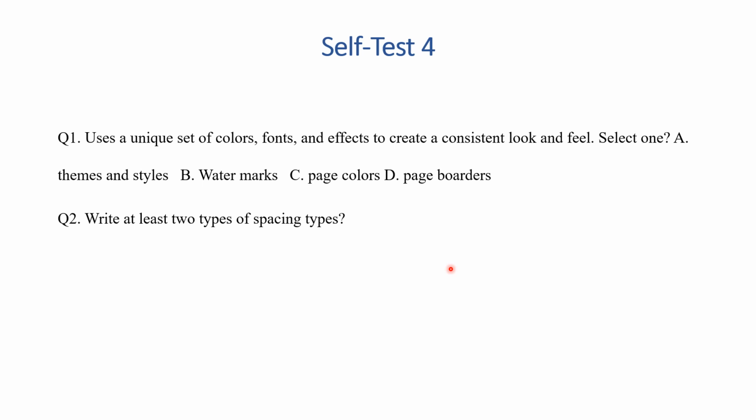The second question is, write at least 2 types of spacing. We have different kinds of spacing types, and you are expected to write at least 2. The third question is, what is the use of watermarks?